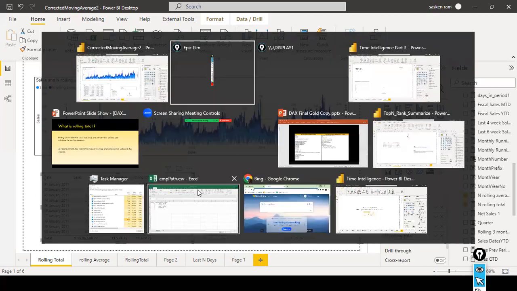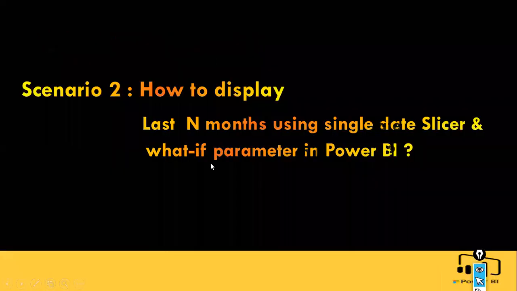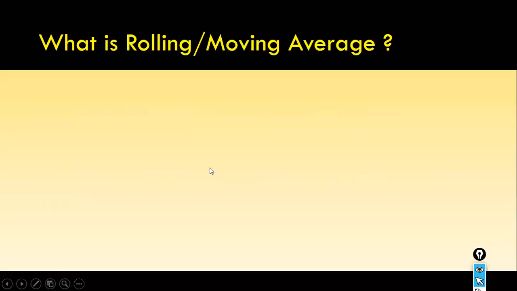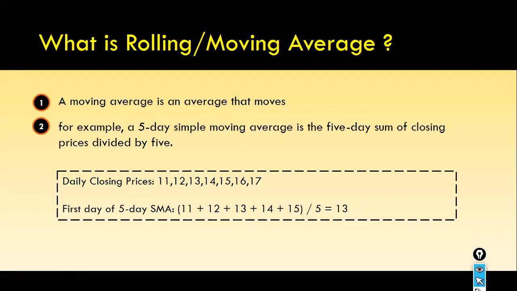So in simple terms, this is how the moving average works. Rolling average, moving average, both the terms are the same. So this is your daily closing prices, stock prices. If you want to find out the rolling 5-day moving average, let's say for the first 5 days you have the data. You want to find out the moving average for the first 5 days.